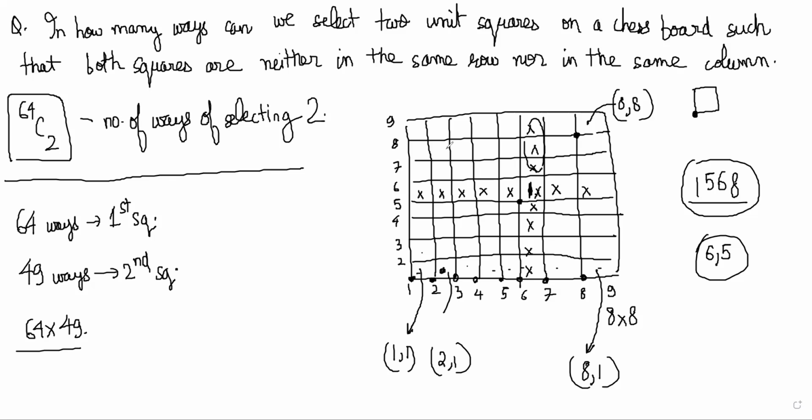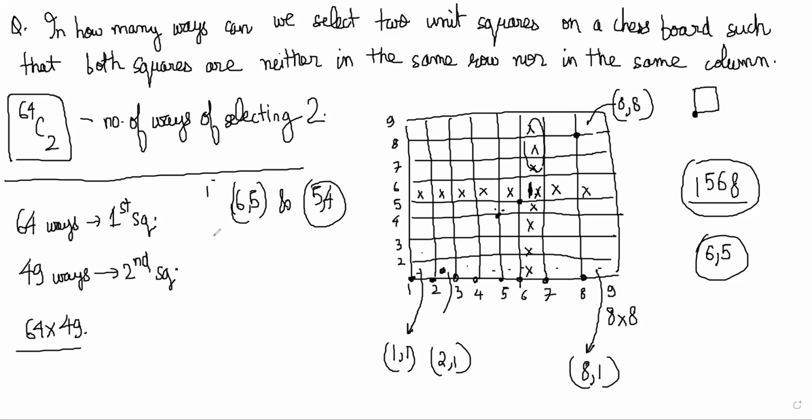Oh, I think the order of the selection doesn't matter, no? Like in the sense that the 6, 5 square and say this square, which is a legitimate square, 5, 4.